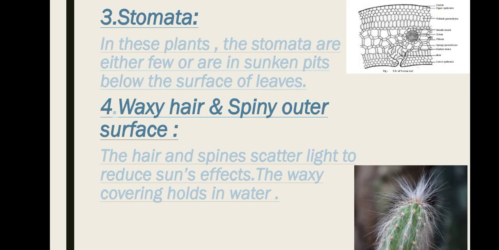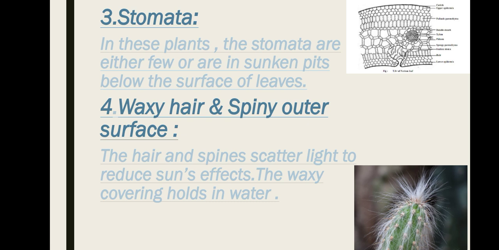Then we have stomata. Stomata are tiny pores present on the surface of leaves, particularly on the lower surface of leaves, and their function is the exchange of gases like carbon dioxide and oxygen and water movement in and out of the leaves.